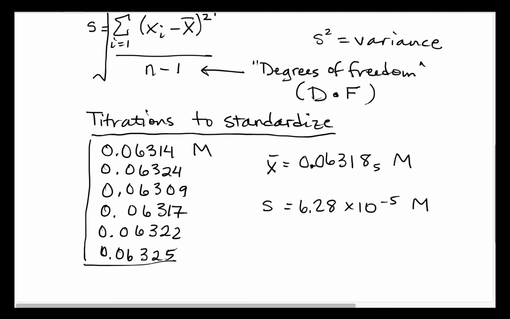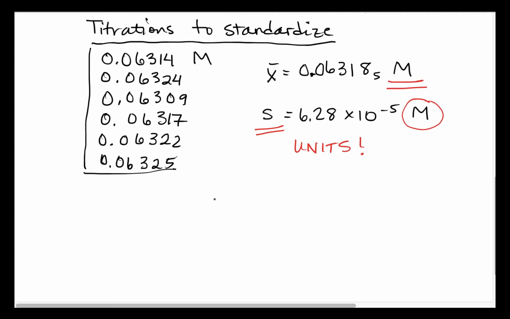So here's a quick reminder that the standard deviation is looking at measurements of real numbers, and so it always has units. This is something that often people tend to forget, and it's going to have the same units as whatever the mean is. All right. So when we look at the significant digits on this, with the scientific notation, it can be a little bit hard to figure that out.